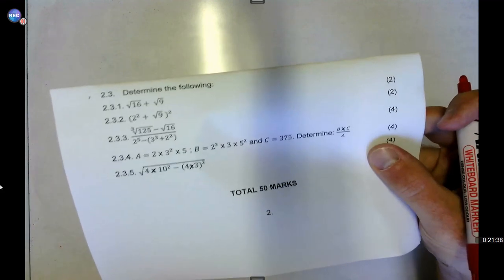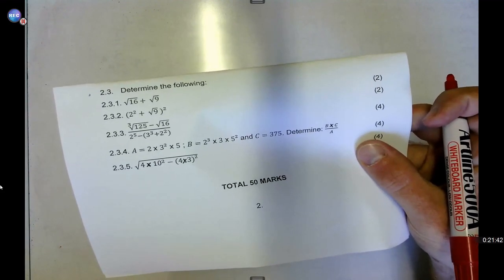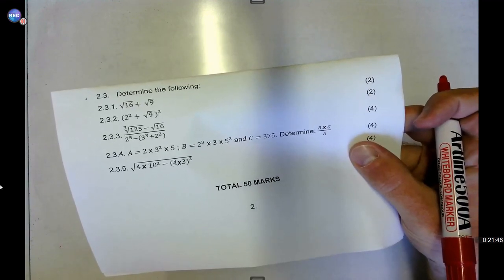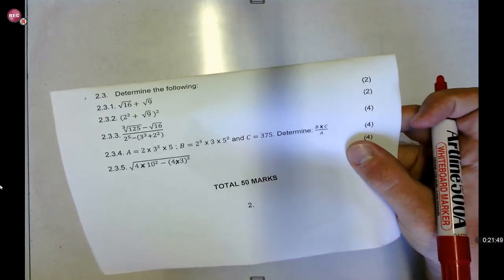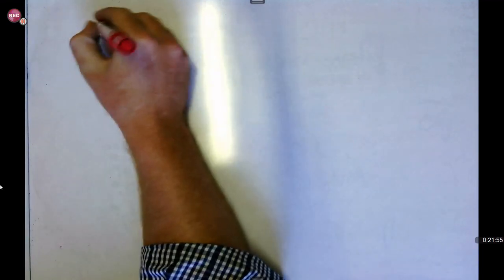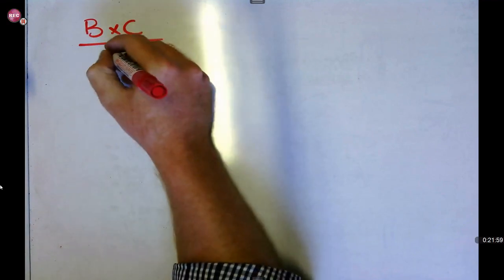There we go, 2.3.4, that's what we're looking at. You see there they give you A has that value over there, B has that value, and then obviously C has its own value. Then they ask you to determine B times C over A. So they ask you to determine B multiplied by C over A.